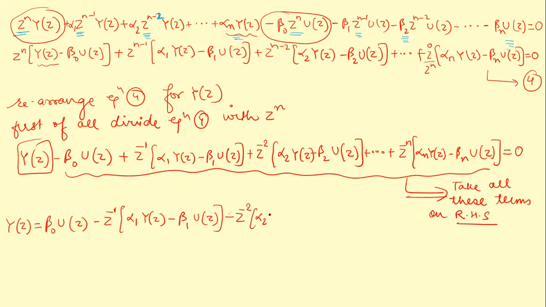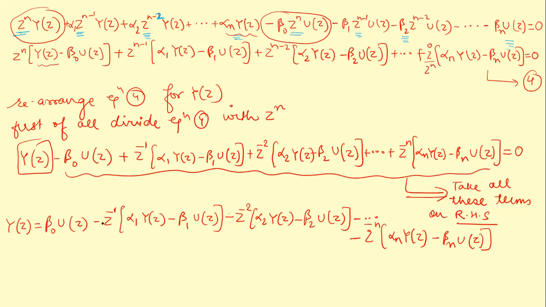We have alpha 2 yz minus beta 2 uz. We have minus z raised to the power minus n alpha n yz and minus beta n uz is not equal to 0, sorry, it is already unequal, so this is not equal to 0.